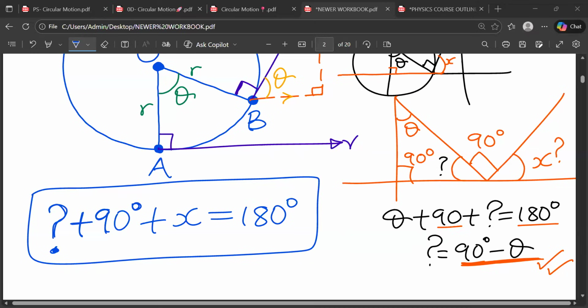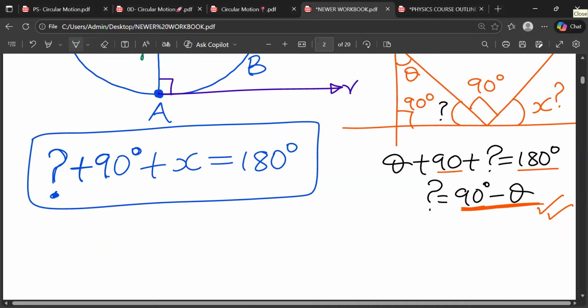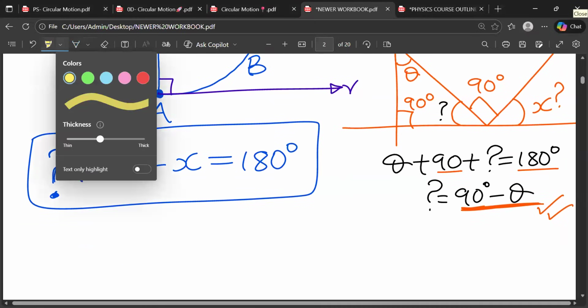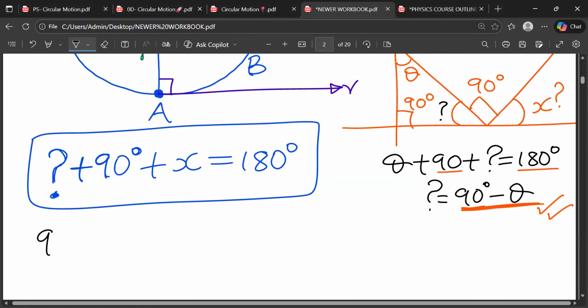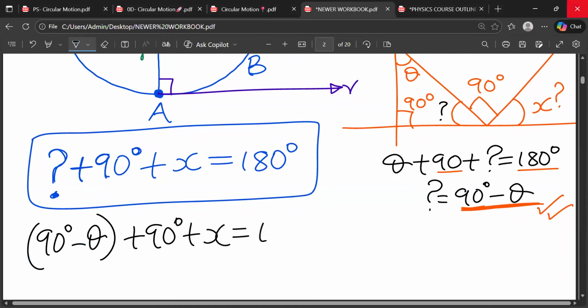True. Now let me substitute. My question mark is 90 degrees minus theta. Only that. Then I have plus 90 plus x equaling 180. Are you following? Then I proceed.